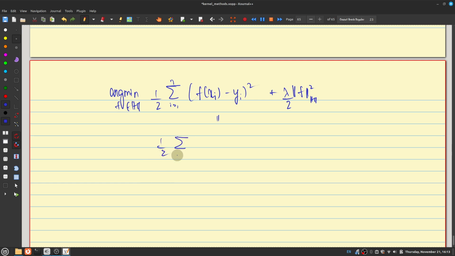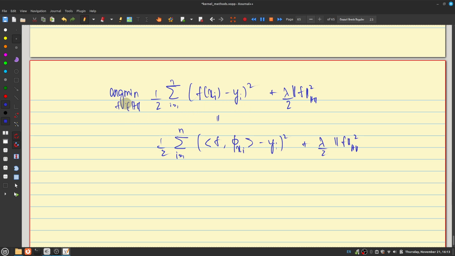This is half summation i equal to 1 to n of the inner product between f and phi xi minus yi, whole square, plus lambda by 2 times the norm squared. The representer theorem tells us that the solution is going to be a linear combination of the phi xi's.